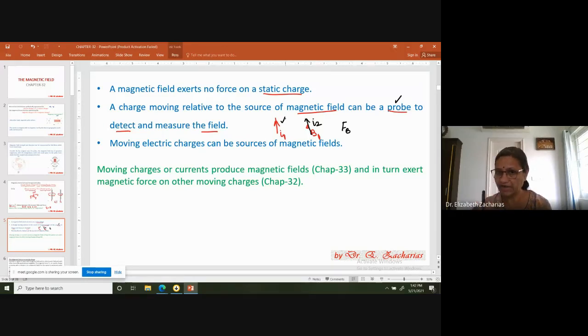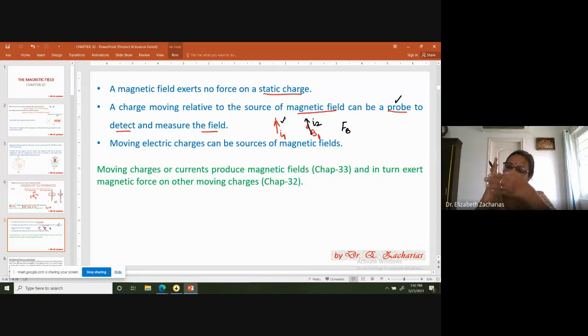Basically, what we are trying to tell you is that a current carrying conductor or a moving charge can be used to measure an unknown field. We are talking of magnetic field, so that means the magnetic field has to be measured. So how do you measure it? By using a moving charge or a current.